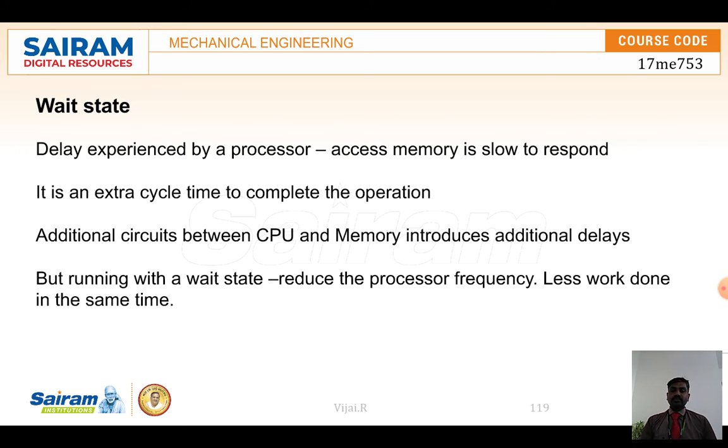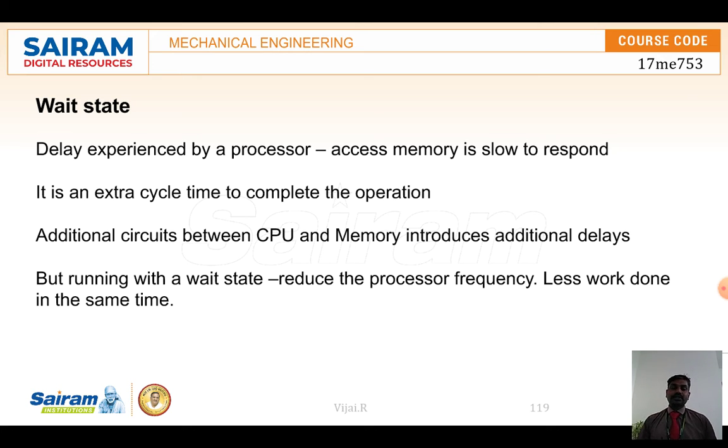A wait cycle is a delay cycle where sometimes the processor speed differs and the response for accessing memory is slow. So at that time it will take some extra cycle time to complete the operations.